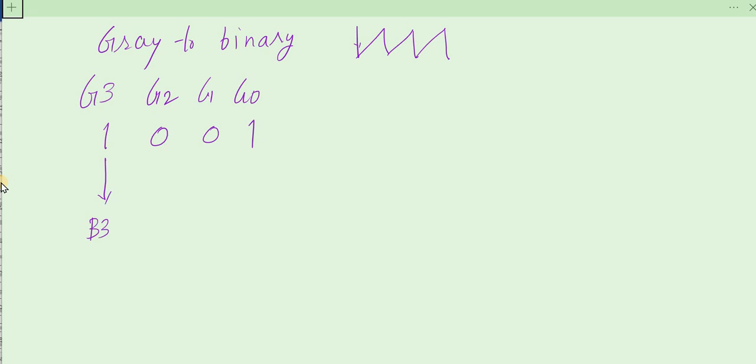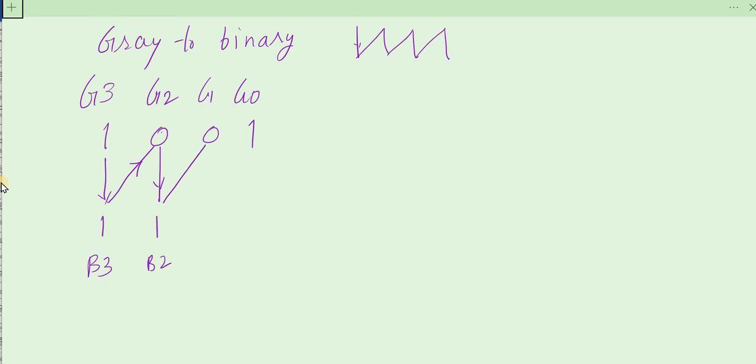So it becomes 1. First number, first bit is as it is 1. This is B3. Now this number and this number. So new number and previous next number, they are added to form B2. So 1 plus 0. 1 plus 0 is 1. So B2 is equal to this.